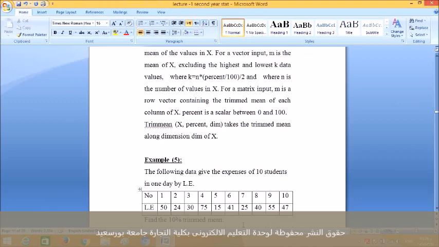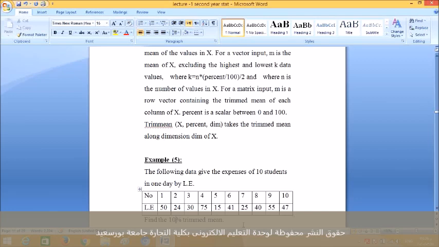Find the 10% trimmed mean. Here, the 10% trimmed mean means get the mean for only 80% of the data set and omit 10% from the right side and 10% from the left side after ranking the data set.